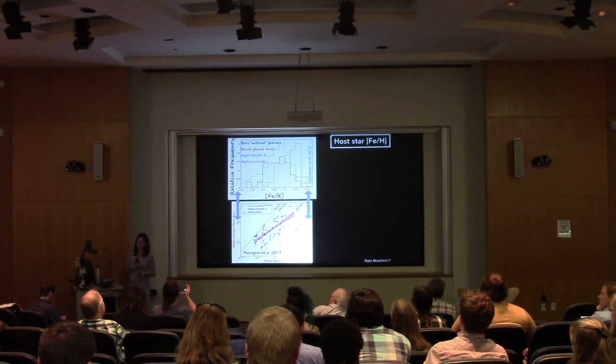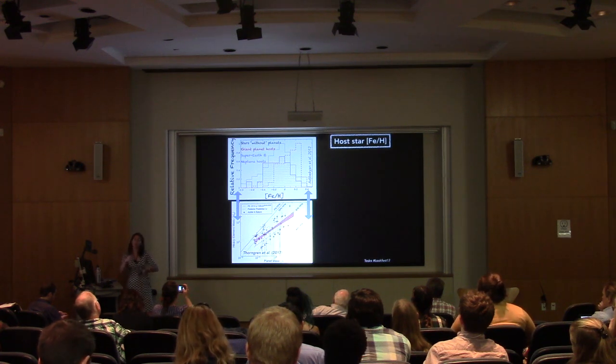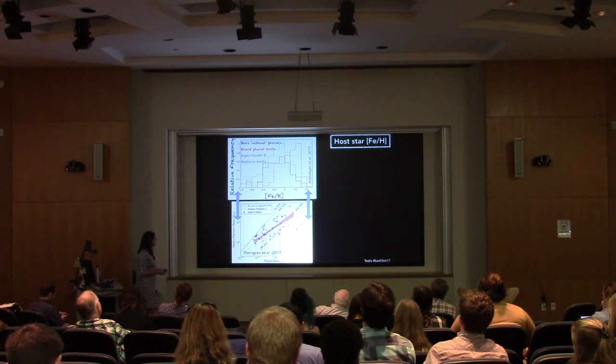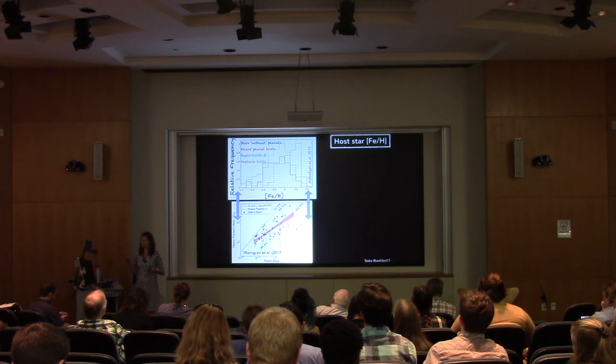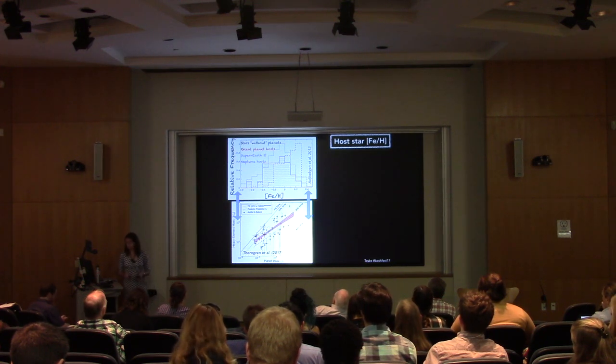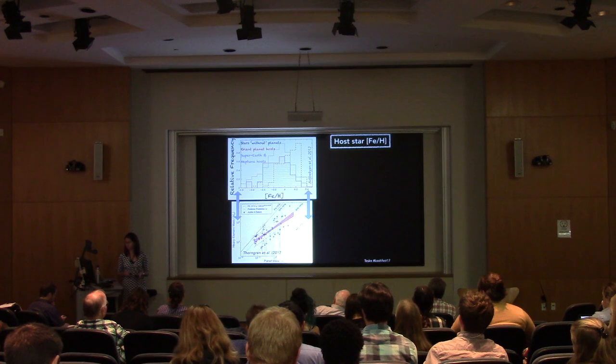They have both masses and radii measured, so he knows the density, and he can use his models to infer the amount of heavy elements required to be in that planet to match the radius and density. He finds this very nice relation between the planet mass and the heavy element mass in the planets. This matches what core accretion predicts for the majority of systems.